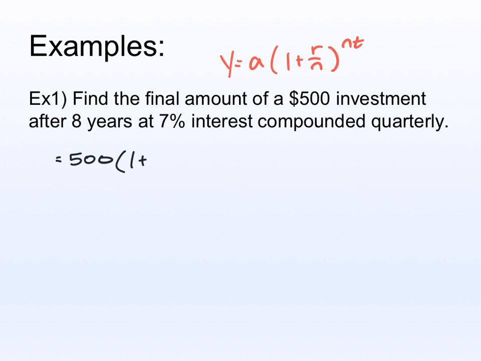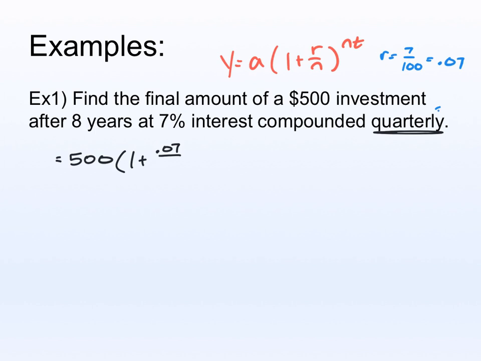1 plus the rate. Well, we know R was 7%. So 7 divided by 100 is 0.07. Yep. So you end up getting 0.07 divided by your N value, compounded quarterly.